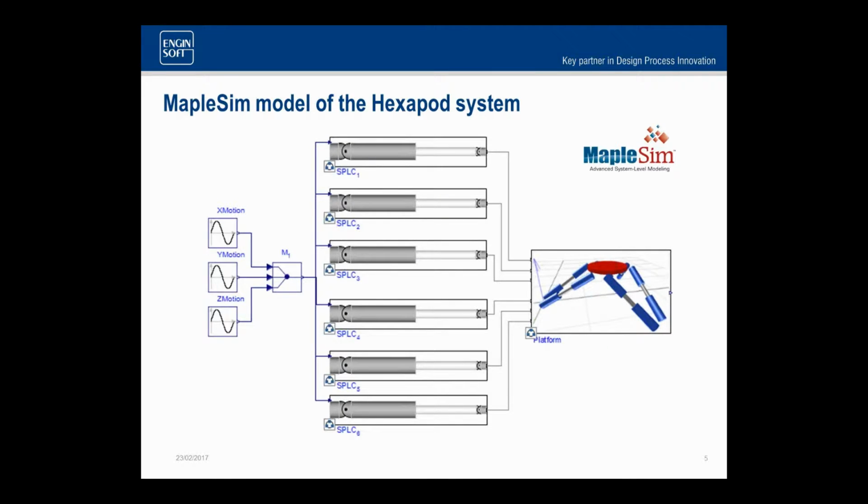At the core of the Hexapod system, as we were saying a few seconds ago, we find the 3 pairs of actuators, so 6 actuators, and each of them receives inputs corresponding to the desired motion of the device on the platform.